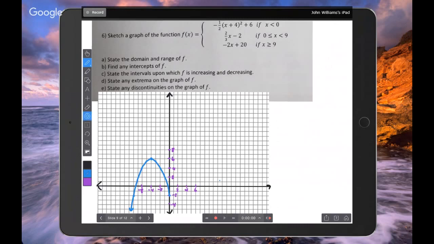Alrighty. Then I've got 2/3 x minus 2 if x is between 0 and 9. So 0 times 2/3 is 0. 0 minus 2 is -2.